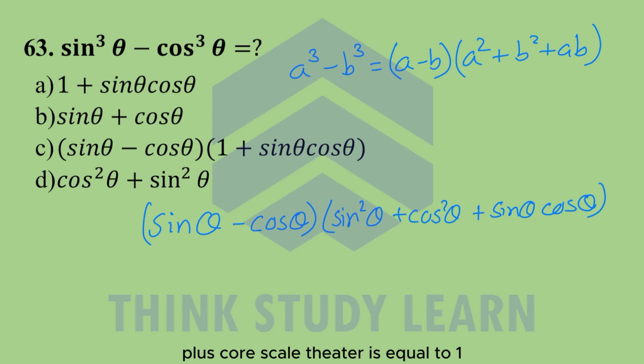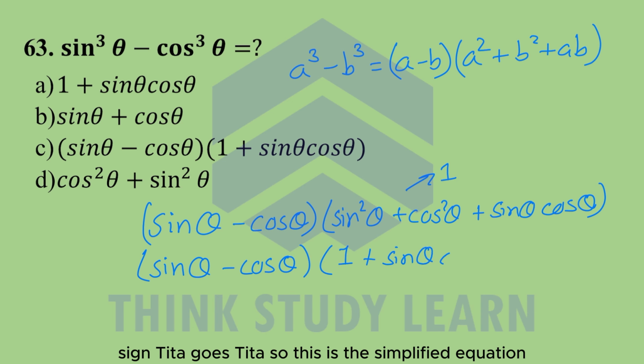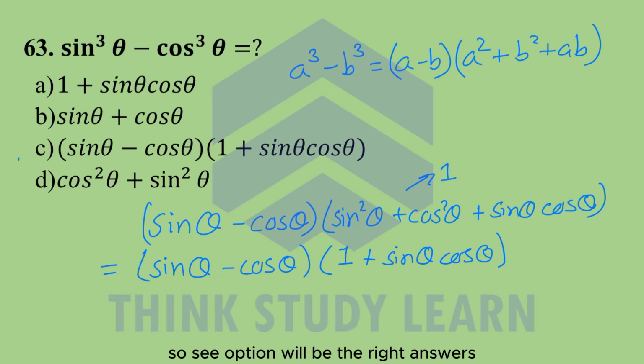Sine square theta plus cos square theta is equal to 1. Putting the value, sine theta minus cos theta into 1 plus sine theta cos theta. So this is the simplified equation. So C option will be the right answer.